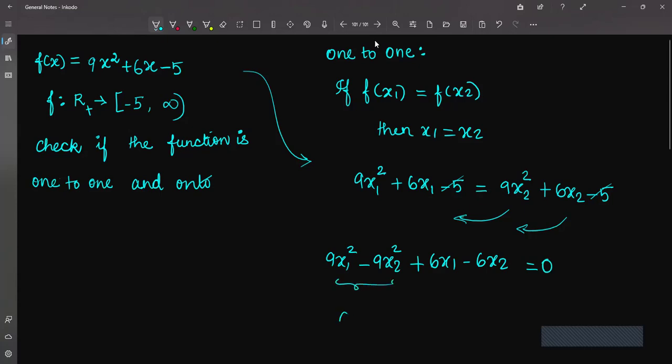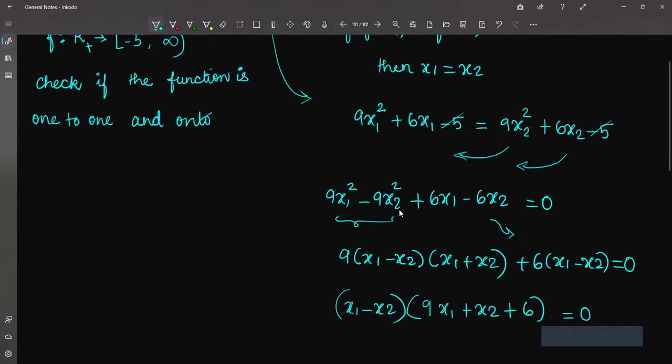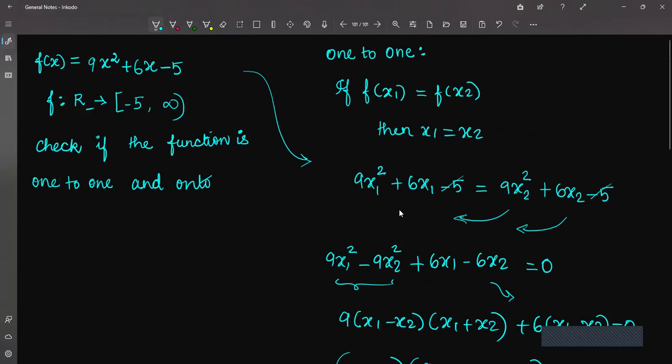If you take 9 common, it becomes (x1 minus x2) into (x1 plus x2), applying the a square minus b square formula, plus 6 into (x1 minus x2) is equal to 0. If you take out x1 minus x2, then it becomes 9 times (x1 plus x2) plus 6, and this is equal to 0. Now again, if you look at this question, I had changed the question to R plus.